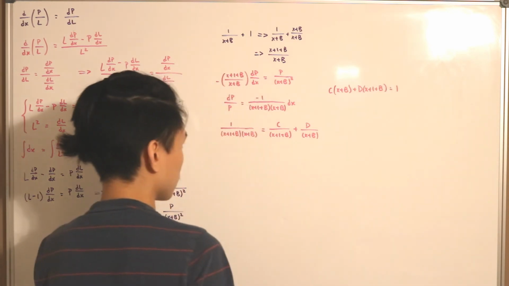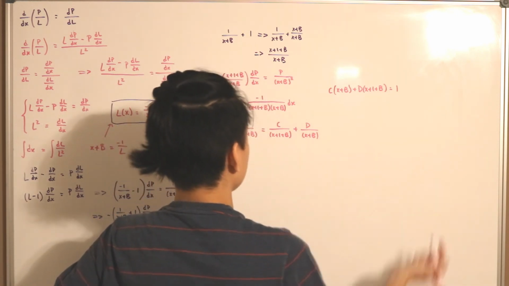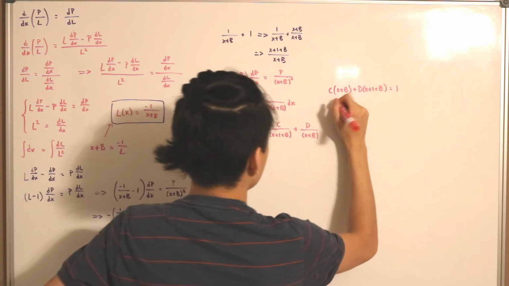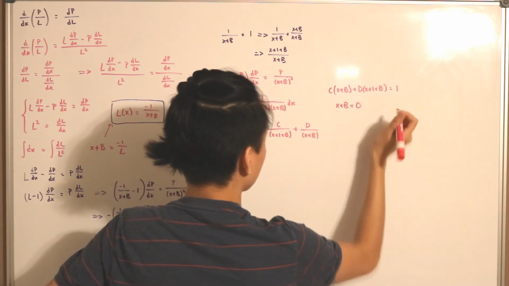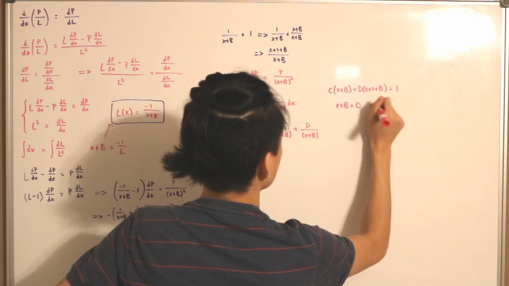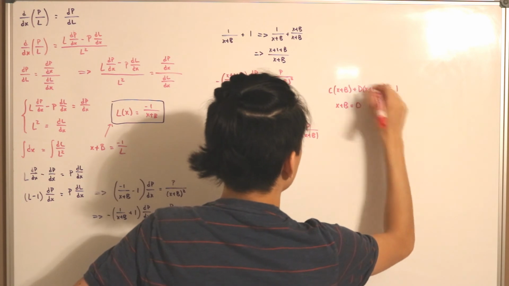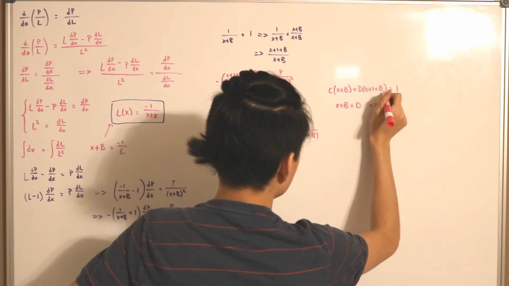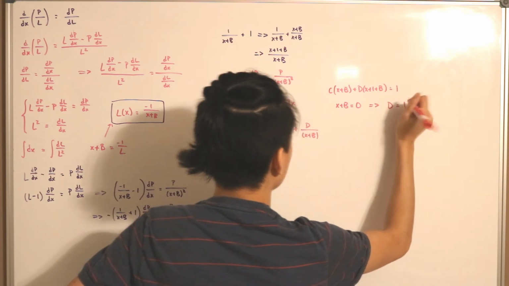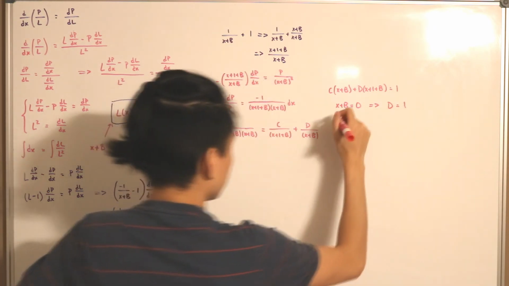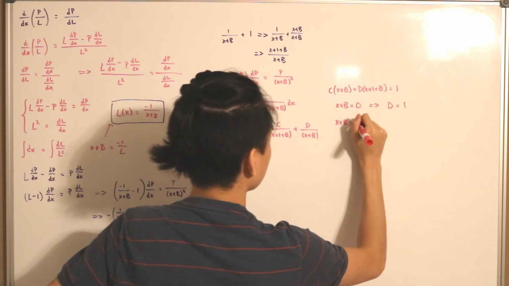Okay, so let's first solve for our constant d. In this case, we're going to let x plus b equal 0. When we substitute, we get c times 0 is 0, and then x plus b is 0, plus 1, so it's d. So we have that d is equal to 1. Now let's set x plus b equal to -1.